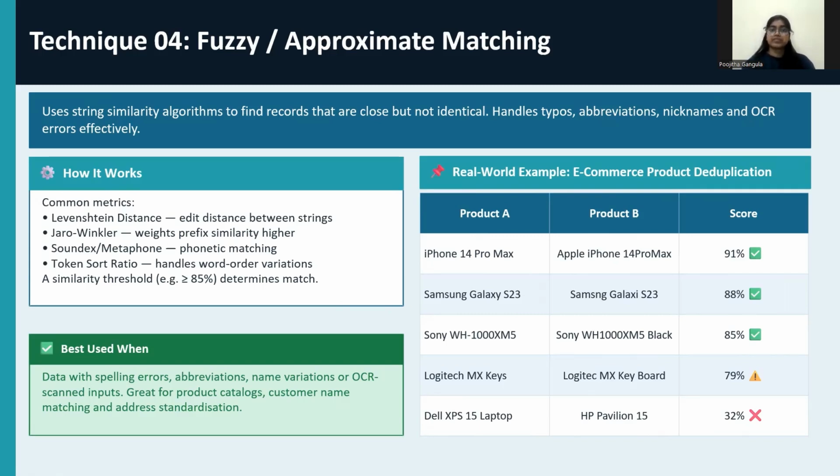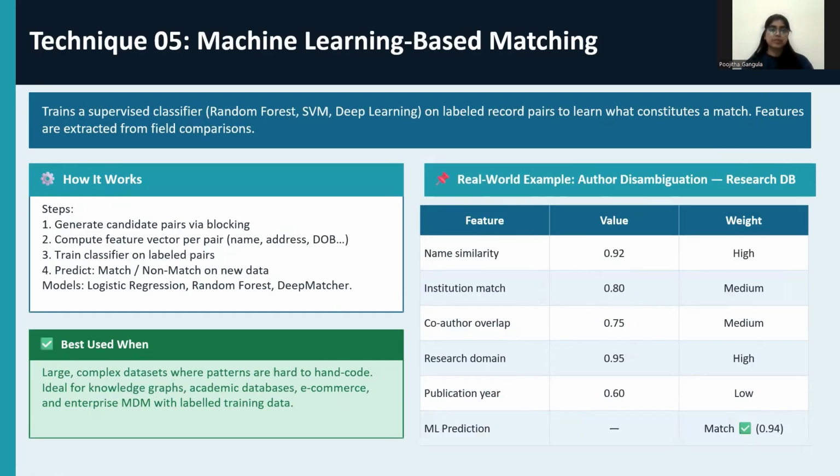Next is machine learning based matching. In this method, instead of defining rules, we train a model using data. The model learns patterns from labeled examples. It then predicts whether new record pairs match or not.